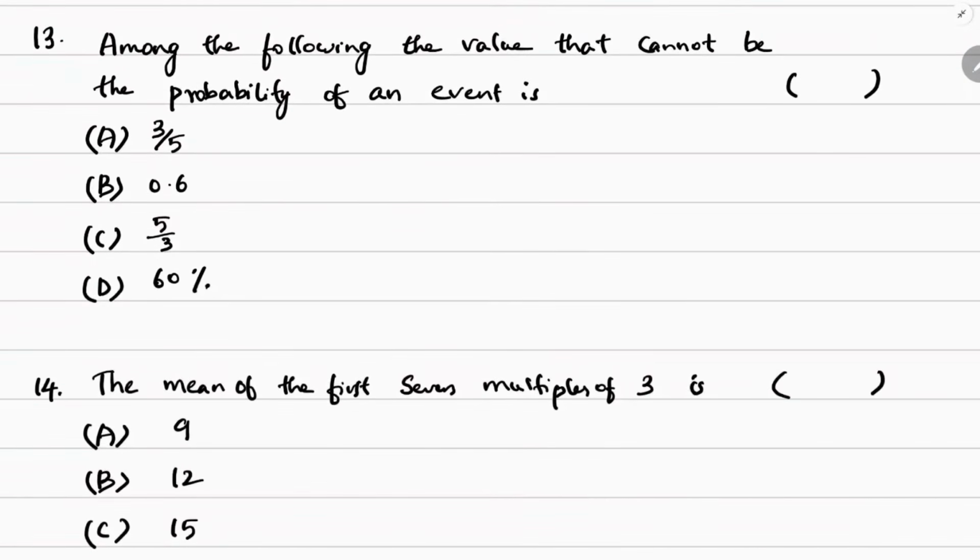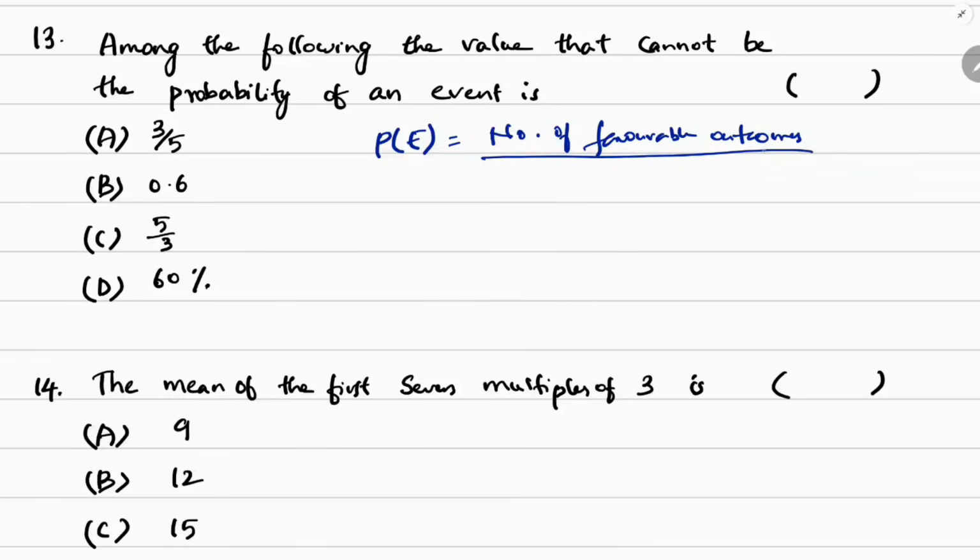Among the following, the value that cannot be the probability of an event. See, probability of an event, the formula is number of favorable outcomes by total number of outcomes.